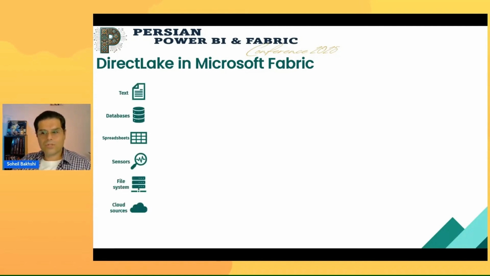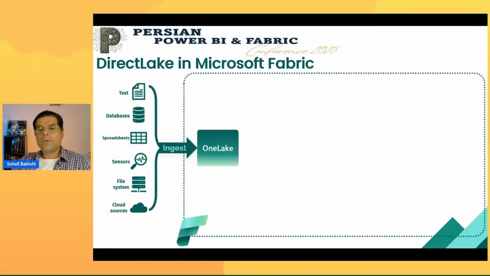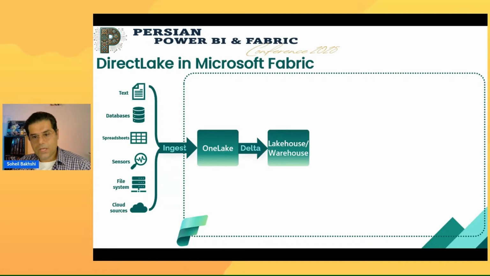Again, we have our source system, but this time we ingest the source system into our centralized location, which is OneLake, right? And then we create delta tables, either on Lakehouse or Warehouse Experience in Microsoft Fabric.